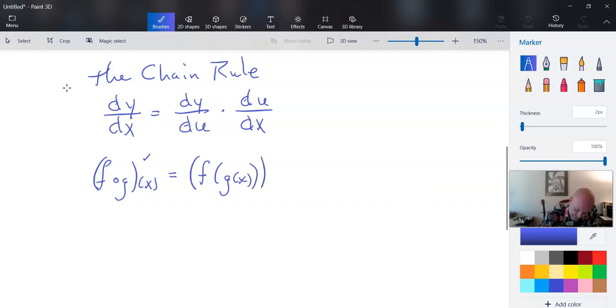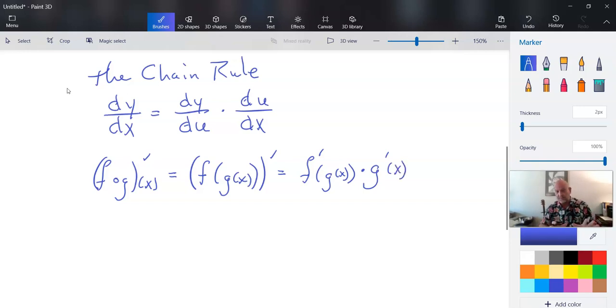What I'm looking for is the derivative of that whole business, whatever that composition of functions is. What I do is I take the derivative of the outside function without touching the inside function, and I multiply that by the derivative of the inside function. Now, this is all very technical right now, but let's actually see how this plays out. So we're going to start with this first statement here, finding dy dx when we have something else.